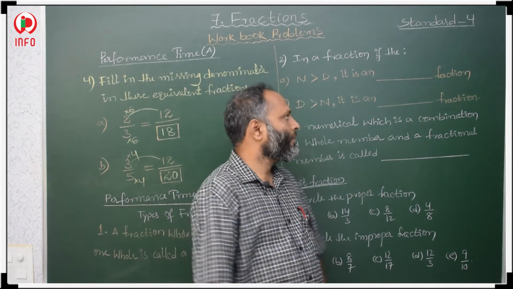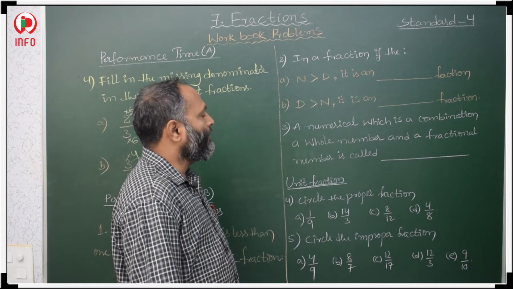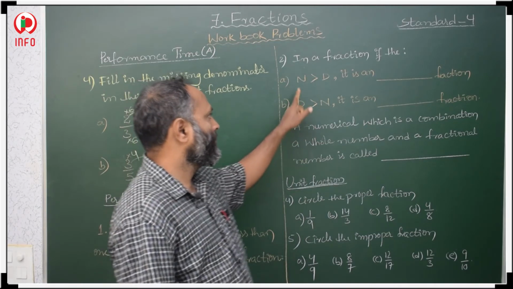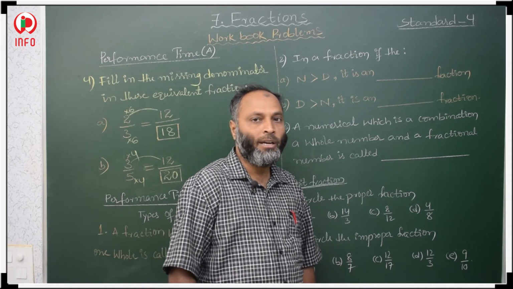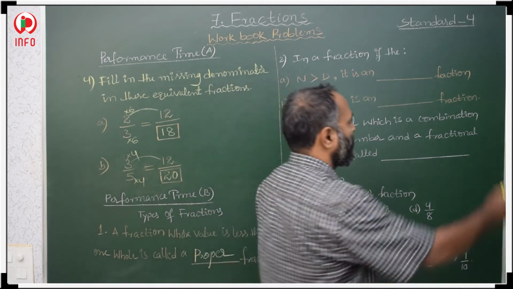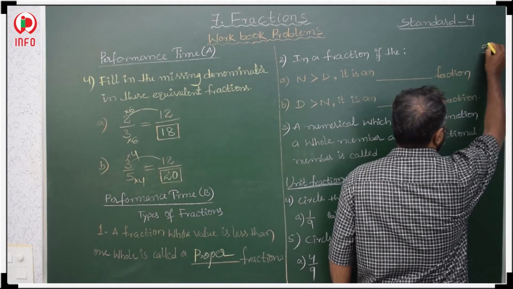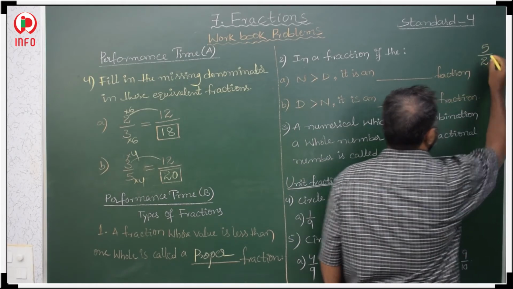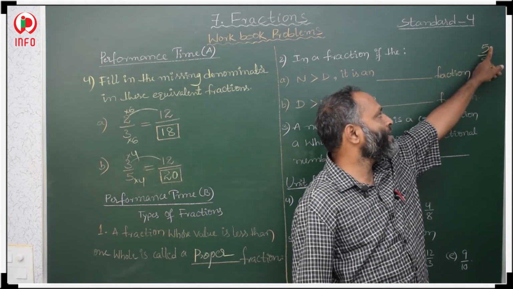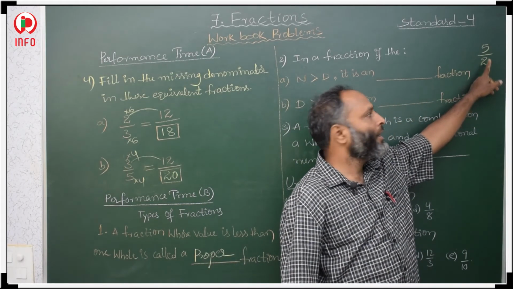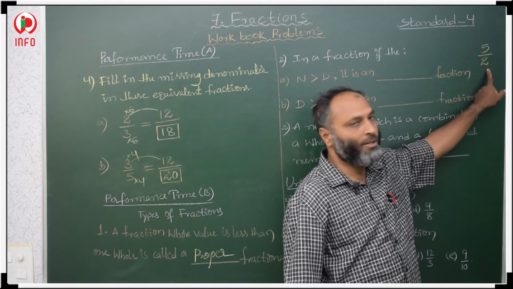Okay. Now, next, in a fraction, if numerator is greater than the denominator, like 5 by 2, here numerator is 5, denominator is 2. So numerator is greater than this denominator.